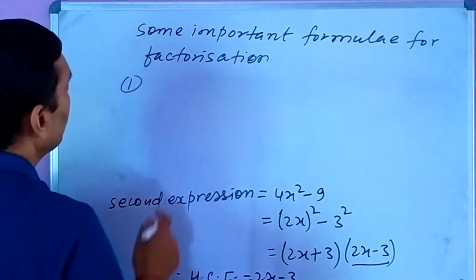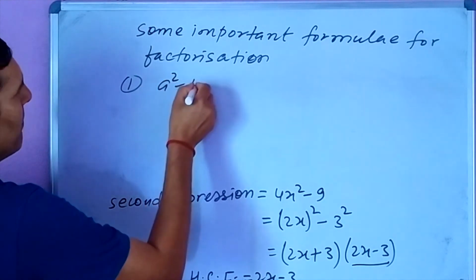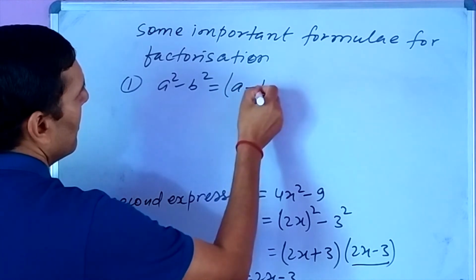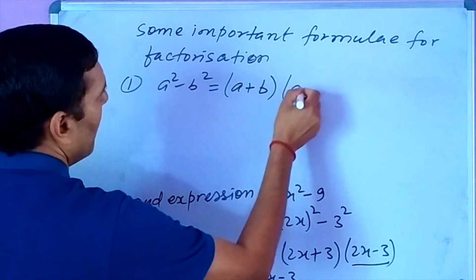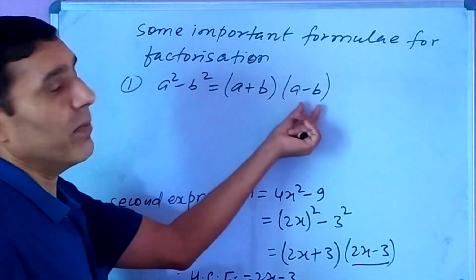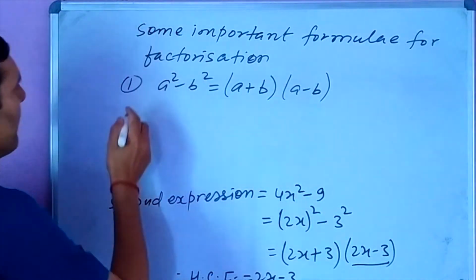Like number 1, a square minus b square. We know that a square minus b square is equal to a plus b times a minus b, or a square minus b square is the product of a plus b and a minus b.